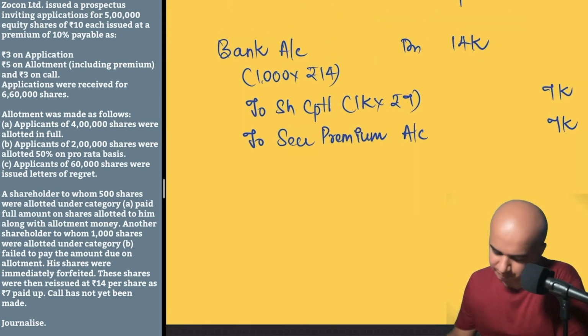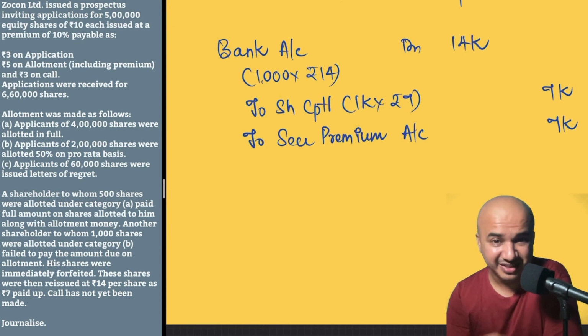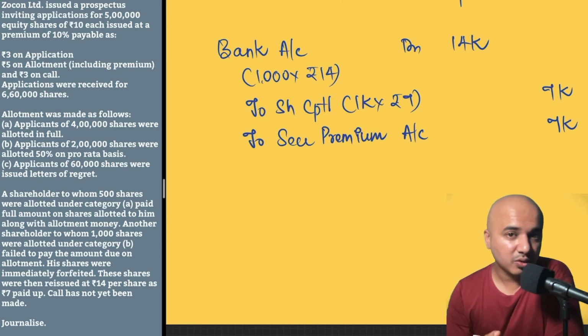Next, what else? We have more or less covered everything which is there in the problem, but something which is not mentioned in the problem is this. At the end of the day, once you have forfeited something, you have to transfer that to a separate account called capital reserve. Capital profit shall be transferred to capital reserve.